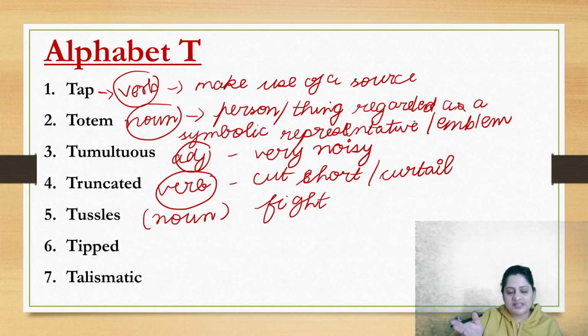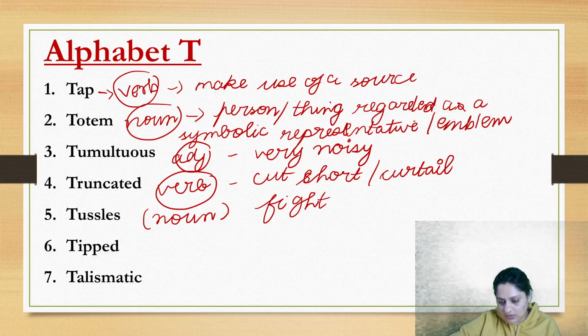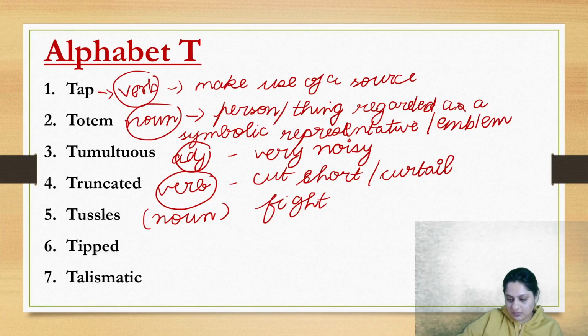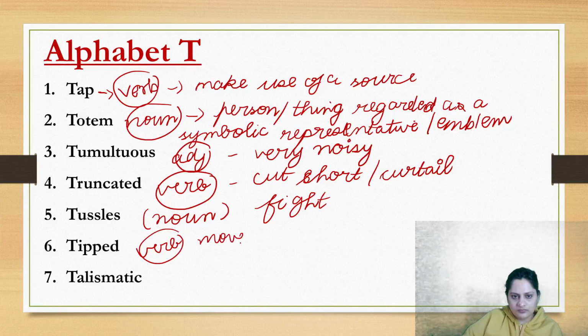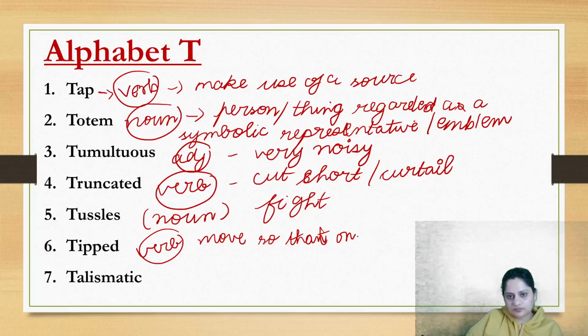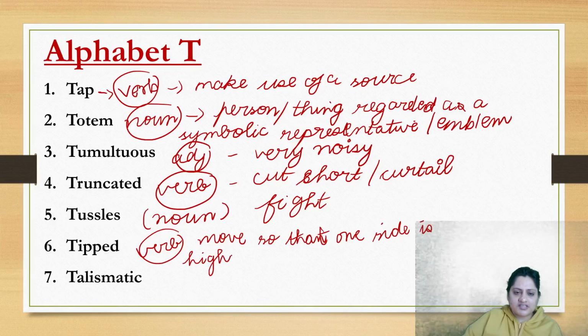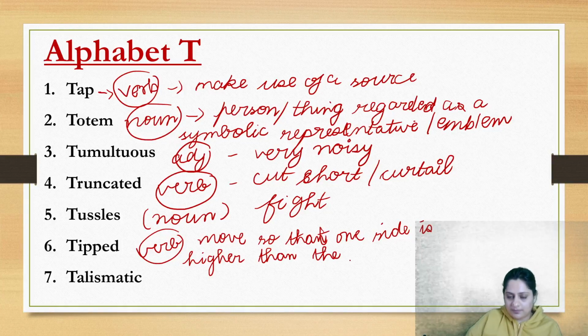किसी चीज को basically किसी एक तरफ से उठाना. So when I stood up, basically the bench tipped up. Move so that one side is higher than the other. You can remember from this example, as I moved, the bench tipped up.